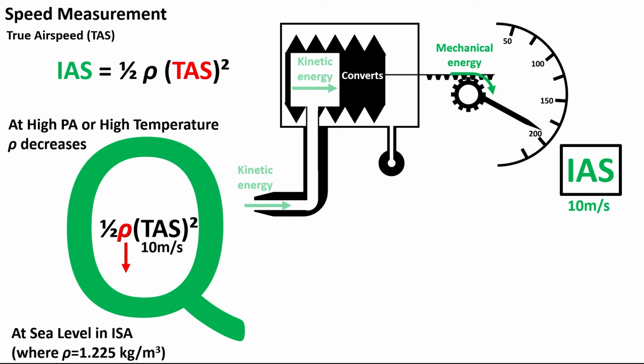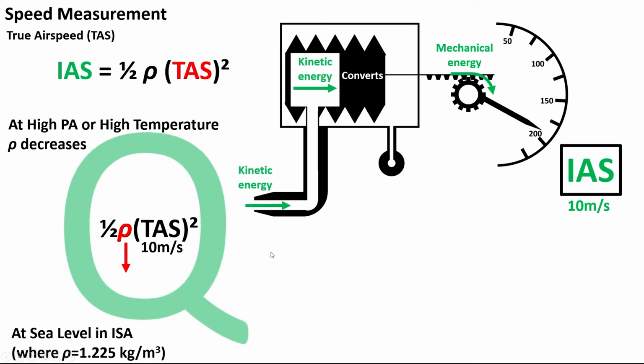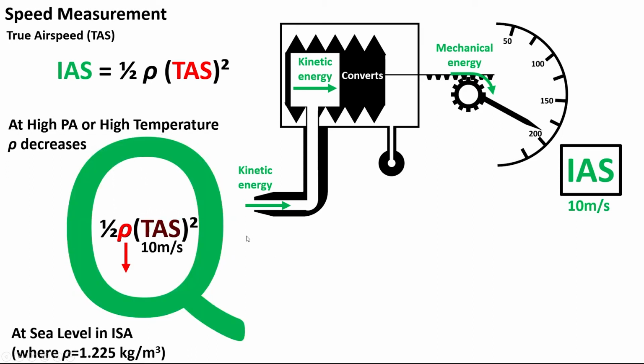And if I have the same kinetic energy, it means that I have the same dynamic pressure. But if I have the same dynamic pressure with a lower density, it means that the TAS is higher than what is indicated. And so it means that the TAS is not 10 meters per second, it's going to be another value, maybe 11, 12, 13, 14, 15, I don't know. We know how to calculate it, but for the moment I don't know, but it's going to be a higher TAS than what is indicated.